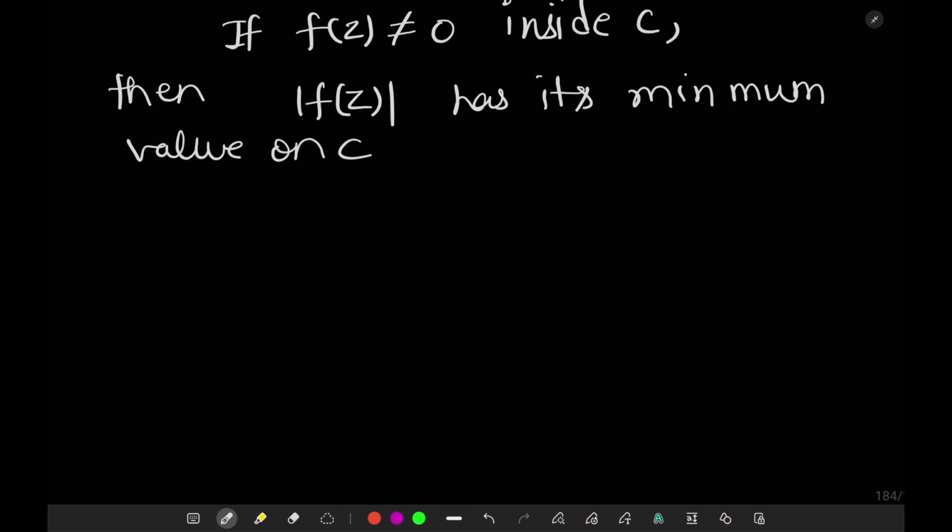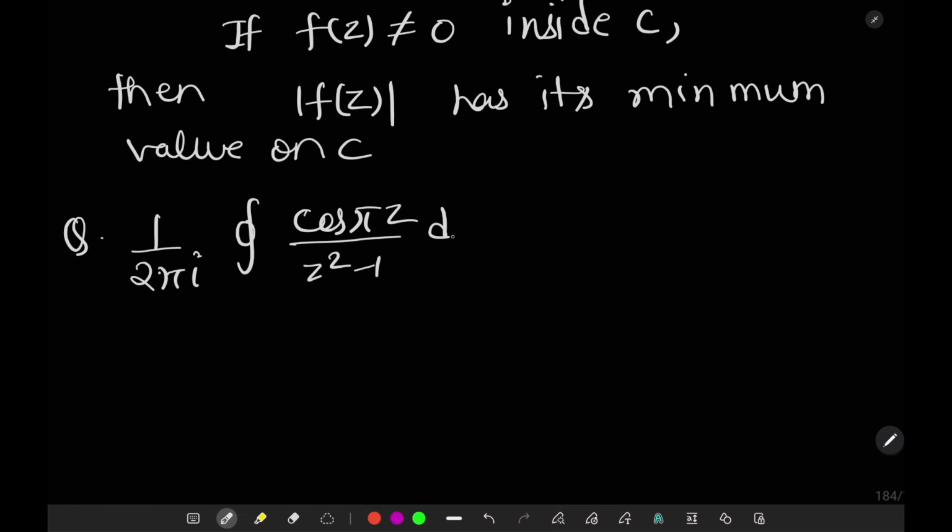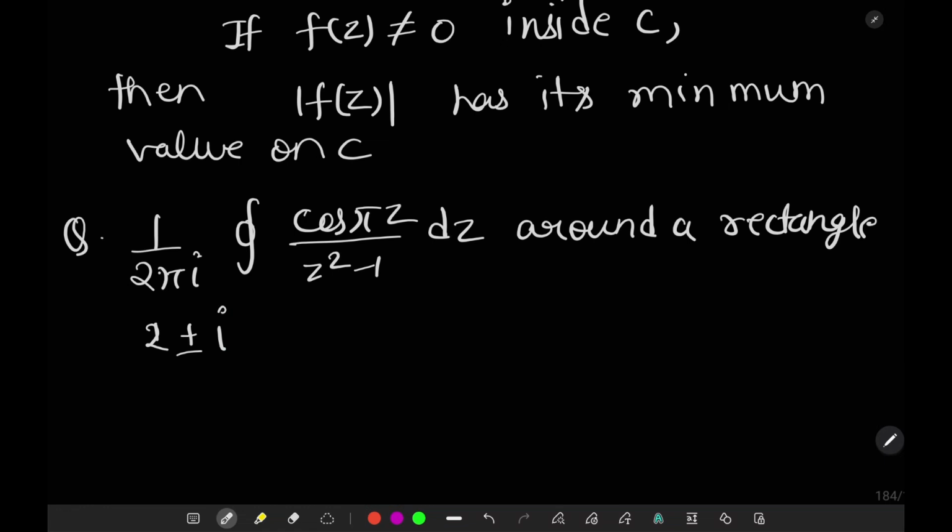Let's do a question on complex integration, around a rectangle. The coordinates of the rectangle are given as 2 plus minus i, and minus 2 plus minus i.